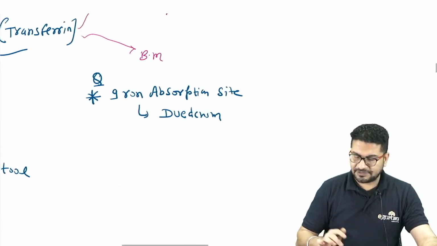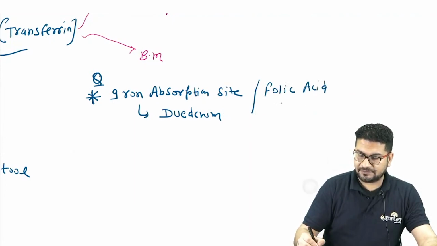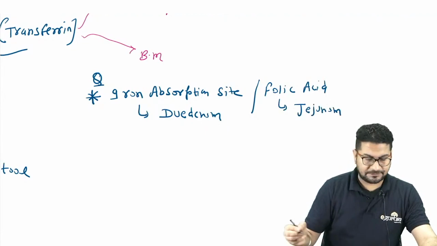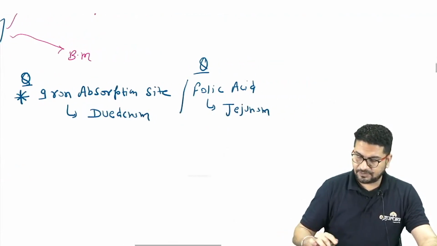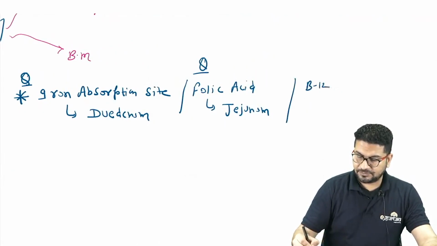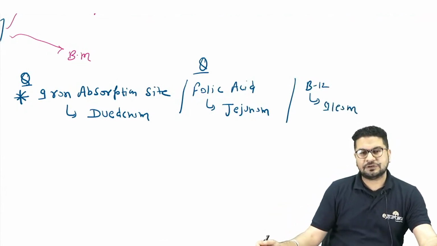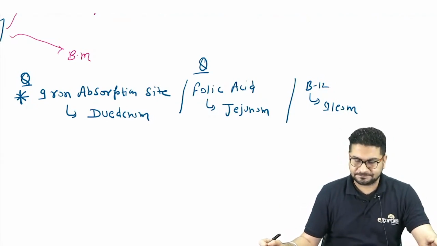Sometimes they ask physiology questions: folic acid absorption primarily occurs where? In the jejunum. If I say B12 absorption, what will be your answer? It is the ileum. So remember, these are physiology questions they ask in exams: iron absorption, duodenum; folic acid, jejunum; B12, ileum. Clear?